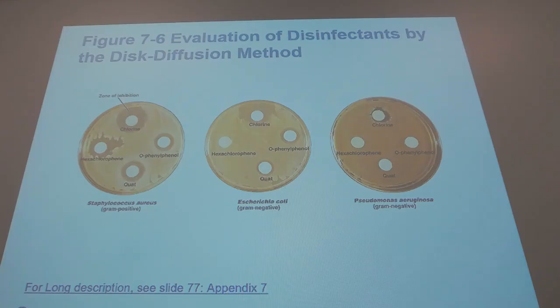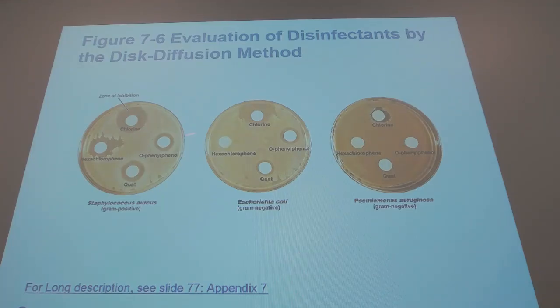So here we have in this view 3 Petri plates, viewed from the top. And these Petri plates have growth of bacteria. In this case, you can see this yellowish or beige color. So this is Staph aureus, this is E. coli, and this is Pseudomonas aeruginosa. And then you have 4 discs that were previously soaked in these disinfectants.